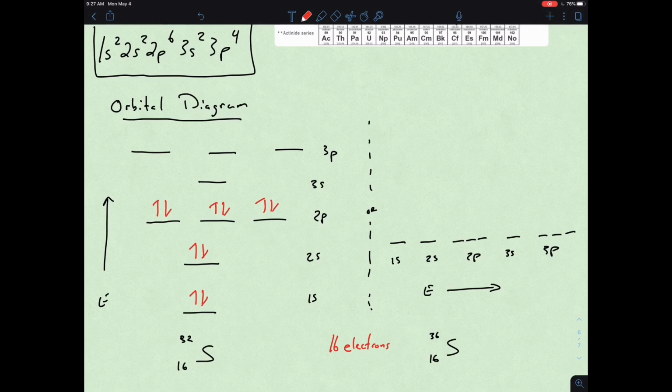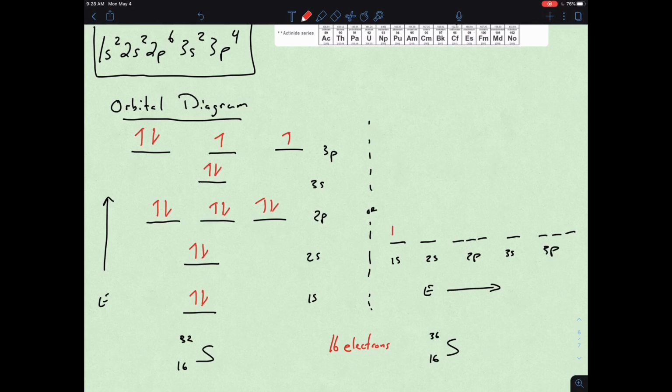So there's our 2p, which is full. And then I have my 3s with those 2 electrons. And now I have 4 electrons to put into the p, and so I do it 1 at a time and end up with this particular orbital diagram.